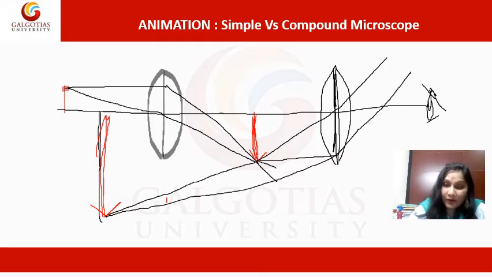In case of compound microscope, this lens will be your ocular or the eyepiece, and this lens is the objective lens, because this lens is closer to the object and this lens is closer to the eye of the observer. I think now it is clear to you how your compound microscope magnifies the image many times as compared to the single hand lens. Okay.